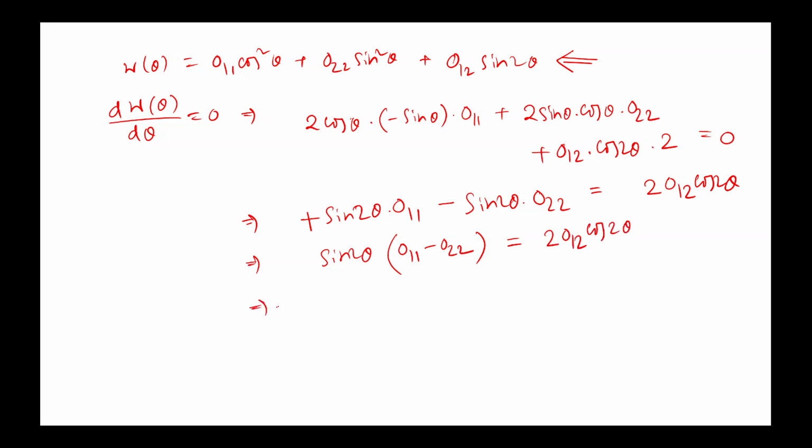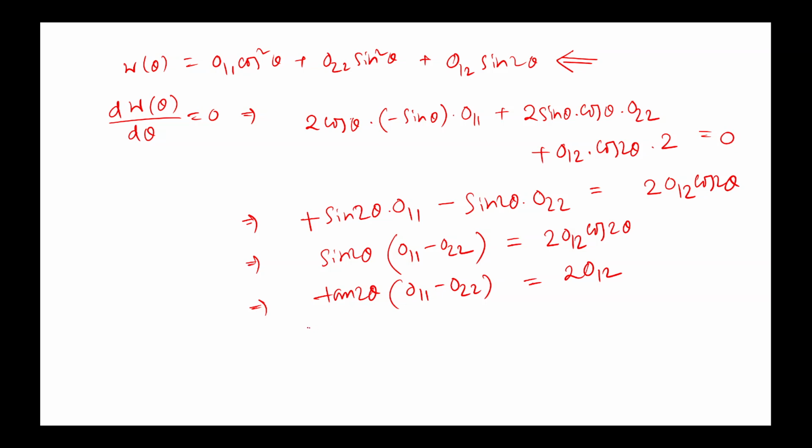Now divide both the left-hand side and the right-hand side by cos 2 theta. So you have tan 2 theta times O11 minus O22 equal to 2 O12.